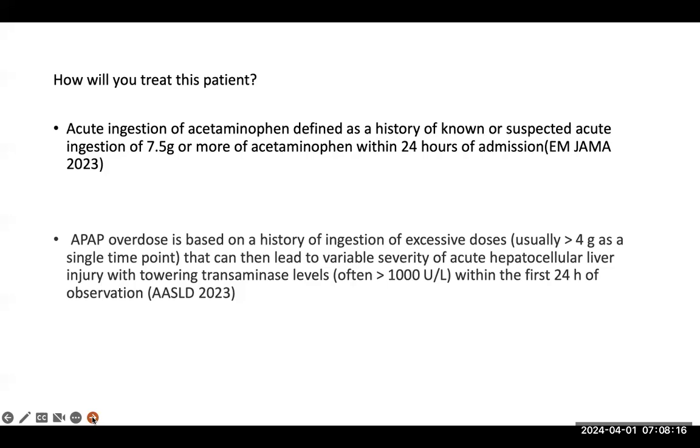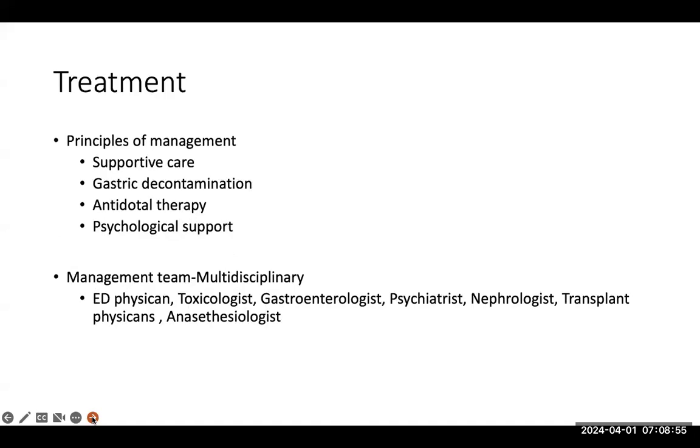But the hepatology guideline says that acetaminophen overdose is based on a history of ingestion of excessive doses, usually greater than 4 grams, as a single time point, which is very important because you want to separate this from subtherapeutic acetaminophen ingestion that can then lead to variable severity of acute hepatocellular liver injury with towering transaminase levels of greater than 1,000 international units per liter within the first 24 hours as observed. And this was also the guideline that was released in March 2023.